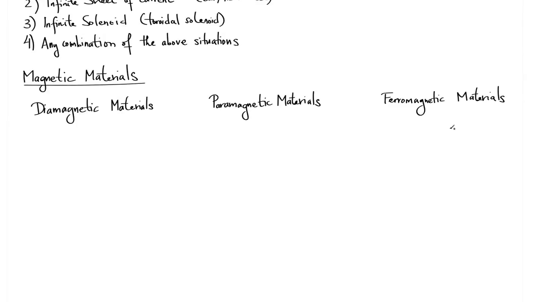As you probably have heard, electrons have spin, and those spins act like little bar magnets. So depending on the occupancy of the orbitals, which orbitals are occupied, and the number of what we call uncompensated spins in them, that basically determines whether materials are diamagnetic, paramagnetic, or ferromagnetic.